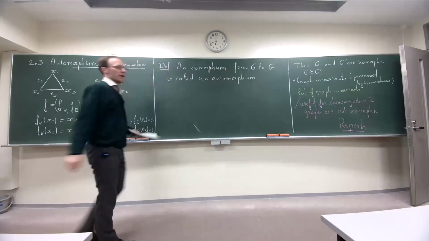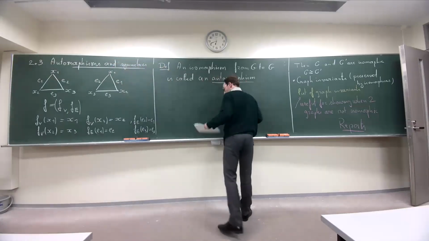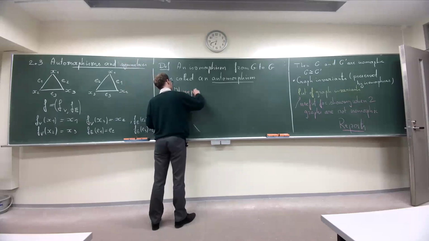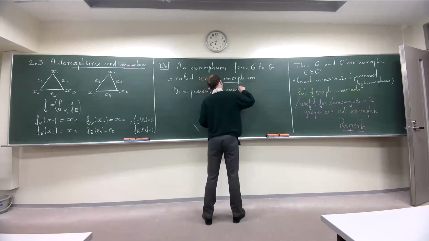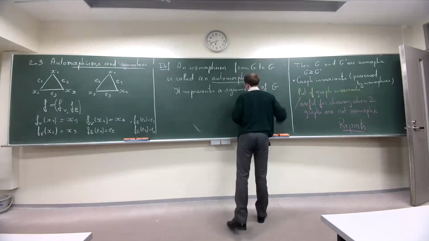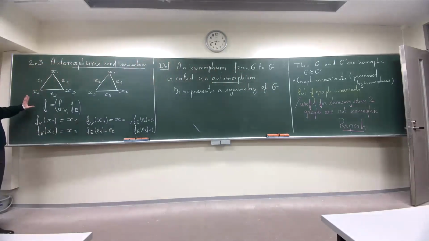It's an internal isomorphism. This is the definition of automorphism. It represents a symmetry of the graph G. So I'm able to construct a function, an isomorphism from the graph to itself just by exchanging the vertices and the edges in a coherent way.